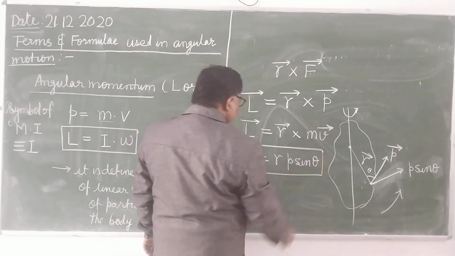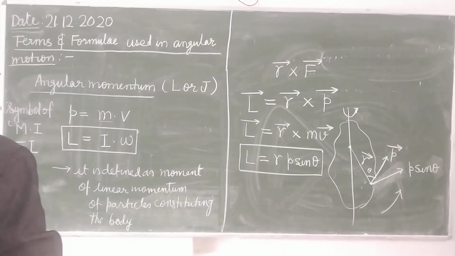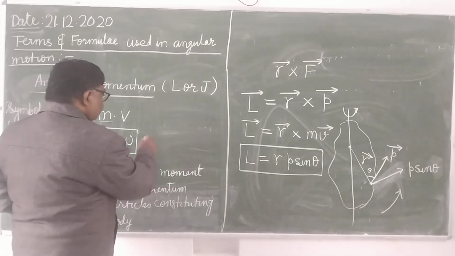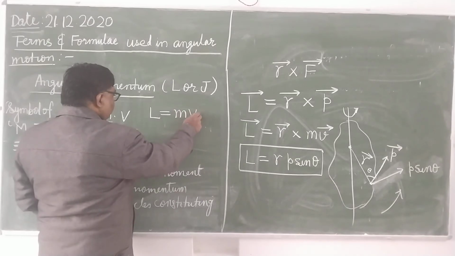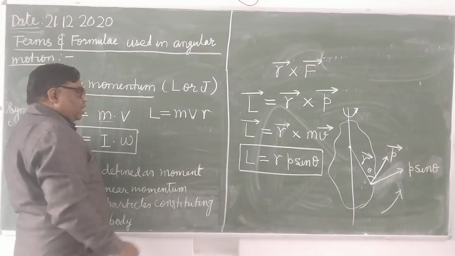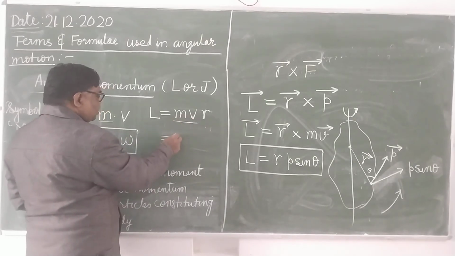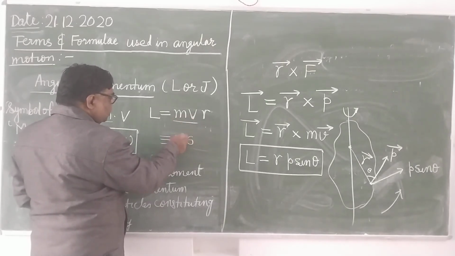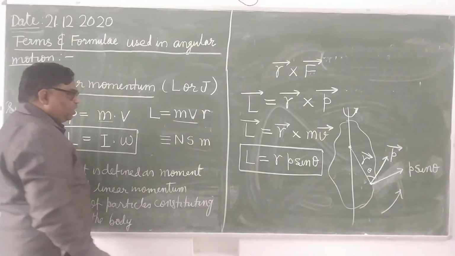Now see here, what will be the unit of angular momentum? You can see L equals m into v into r. M into v is momentum, that is Newton second, and r is in meter. So that is Newton meter second.